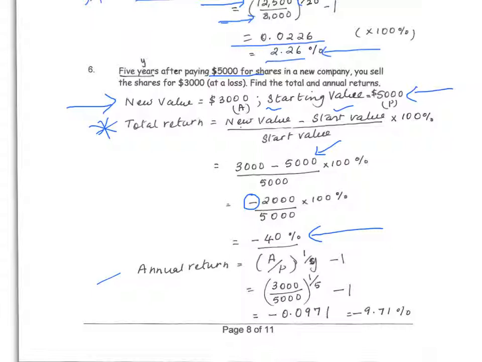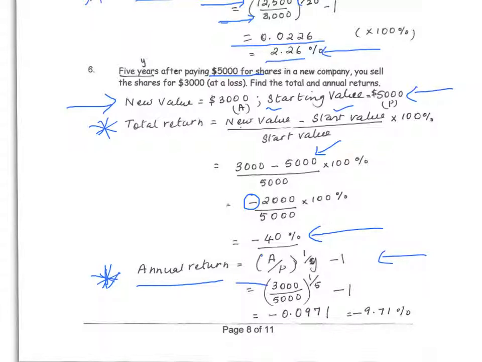Now, what is the annual return on this investment? Just a different way of calculating the return on investment. Here we didn't get much of a return. It was a loss, but anyway, we can do the calculations. (A over P) to the 1 over Y, minus 1. That is the formula; just plug in the numbers. A is the accumulated amount, which is really your final amount. It was not much of an accumulation; the value of your shares went down.